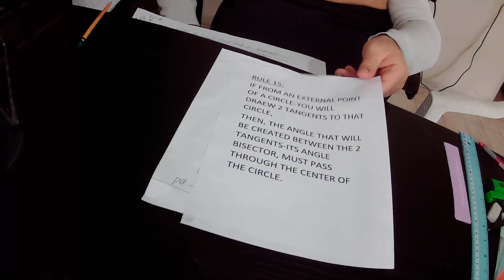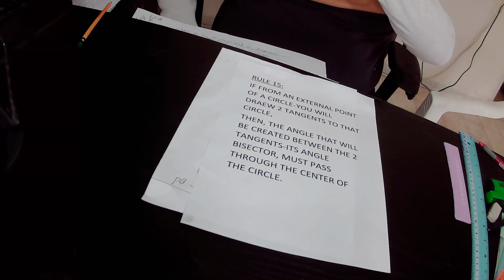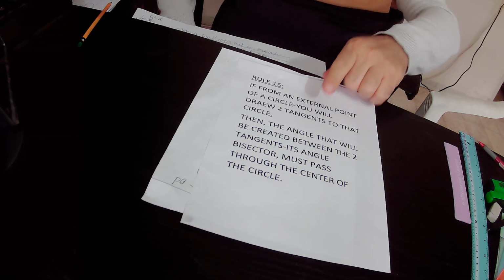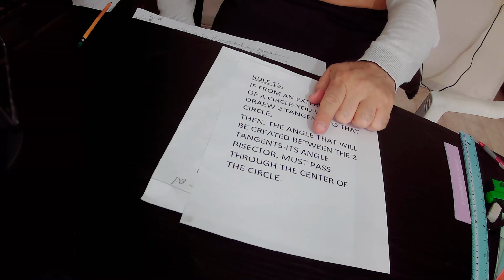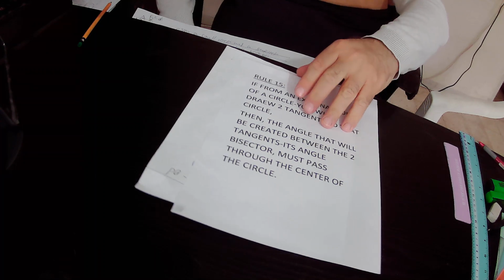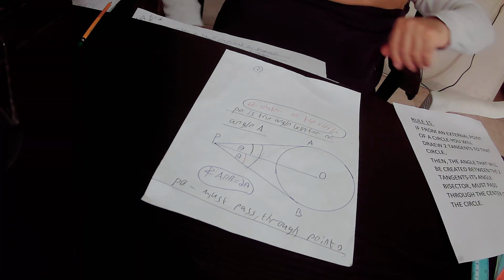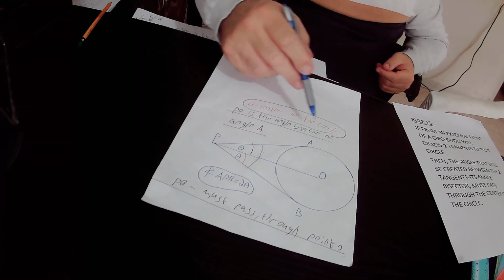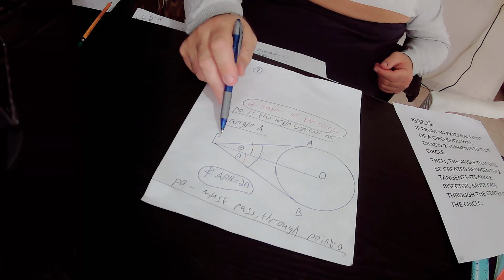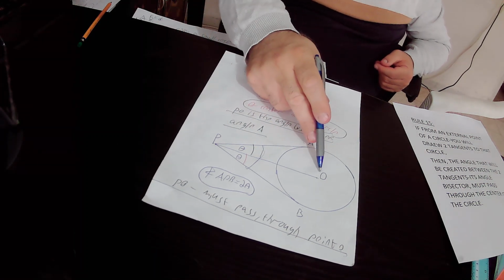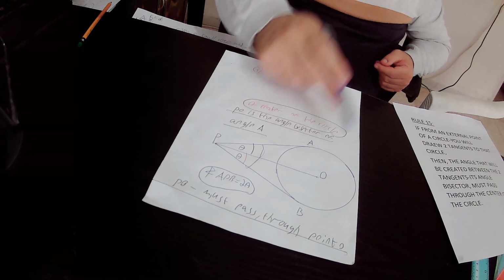And according to rule 15, its angle bisector must pass through the center of the circle. So according to rule 15, the angle bisector of this angle APB must pass through point O, that is the center of this circle.